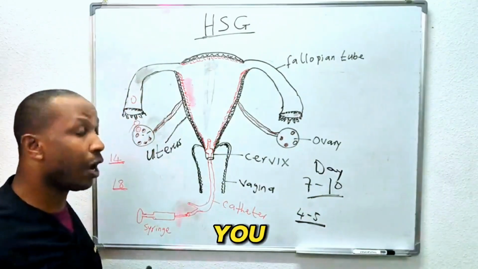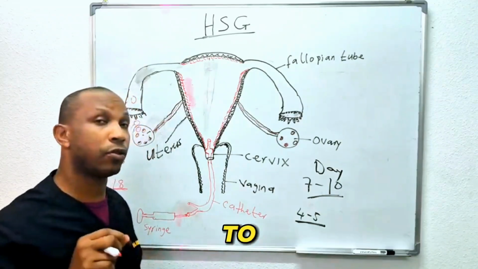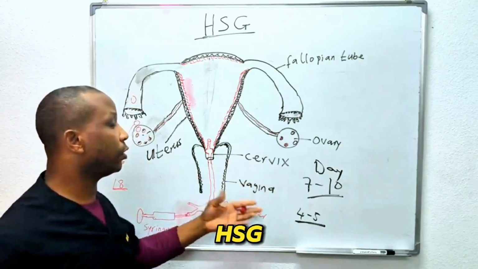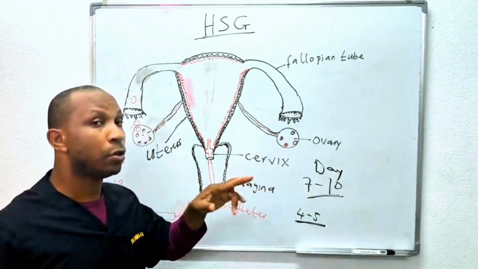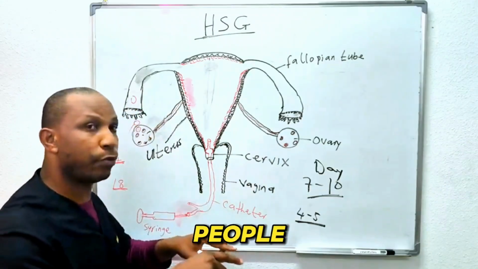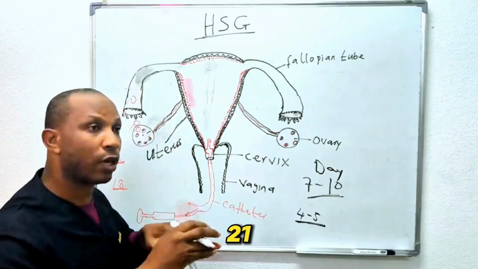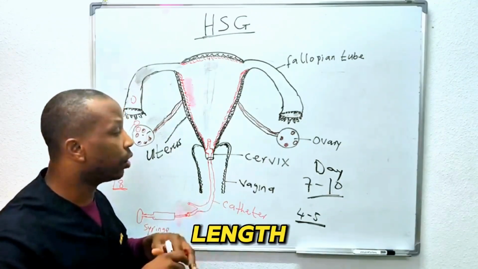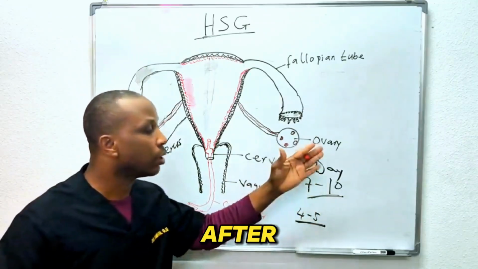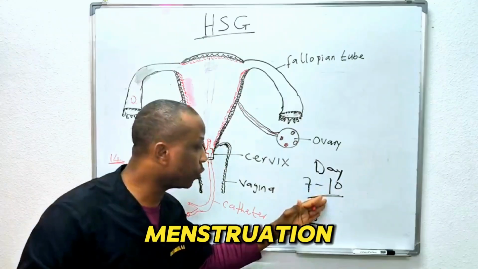However, if you have a short menstrual cycle length, like a 21-day cycle length, you are likely to ovulate on day 7. And conducting this HSG on day 7 may also cause this problem. So for those people, all right, that have shorter menstrual cycle length, like 21 days, 22 days cycle length, it is advisable to also do this HSG procedure a few days after your menstruation, which is 7 to 10 days.